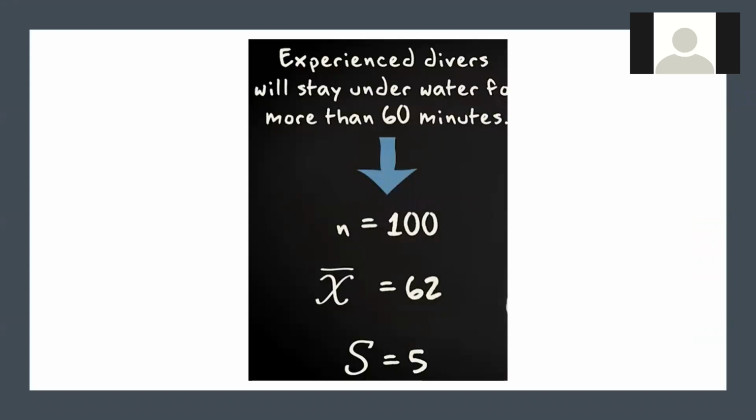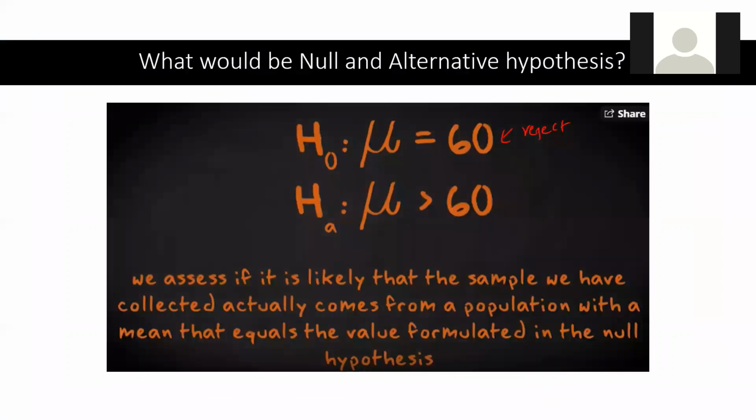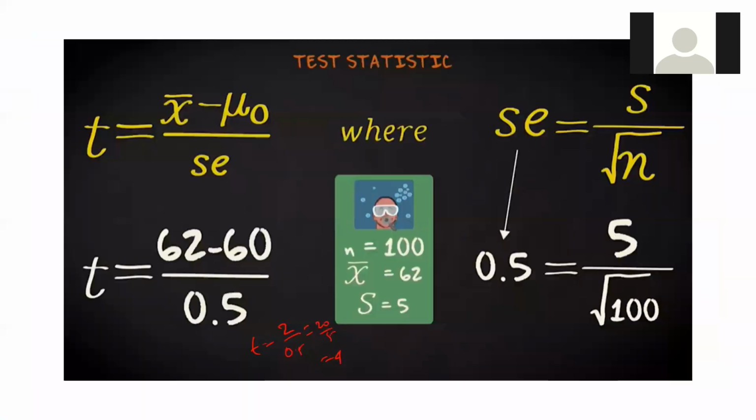So the experienced driver who stays underwater is more than 60, provided that if you check for 100 samples, its mean is 62 and standard deviation is 5. What do you conclude? That your average driver who stays underwater is more than 60, because we reject our null hypothesis, right?